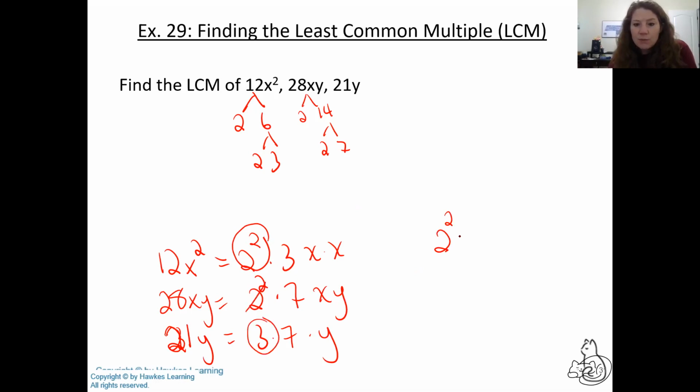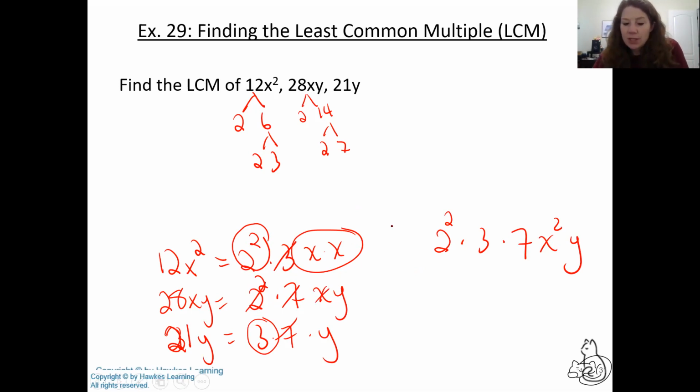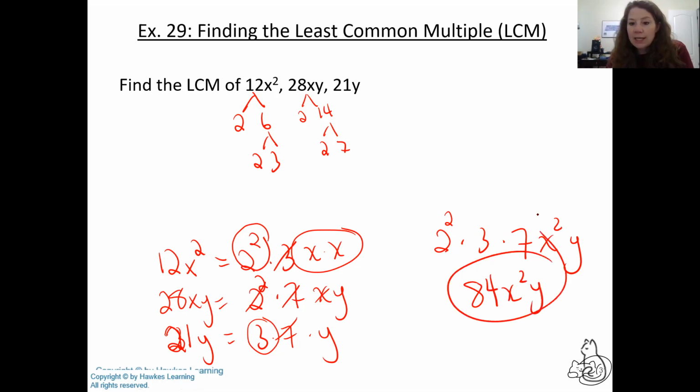My largest group of 3's is 1. My largest group of 7's is 1. I have 2 x's, which represents all x's, and I have a y. So 2 squared, well, let's just put it in the calculator. So 2 squared times 3 times 7 is 84. 84x squared y.